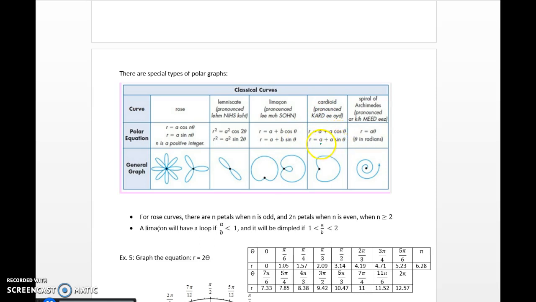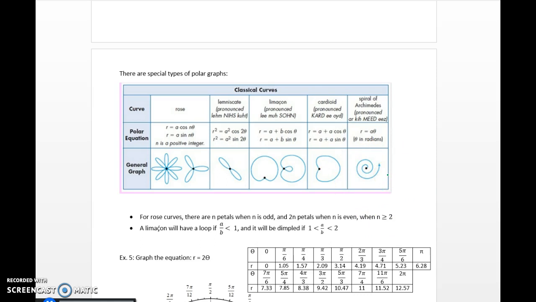In this case, the number you're adding and the coefficient in front of the trig function are the same. Here the numbers are different. Here the numbers are the same. So very similar between a limacon and a cardioid, but a little different. And lastly, you can get an Archimedes spiral. r equals a theta, where theta is always in radians, and you'll get a spiral that'll just keep going around.